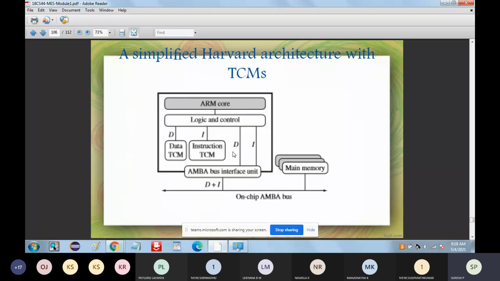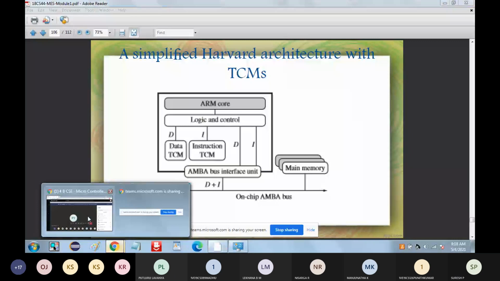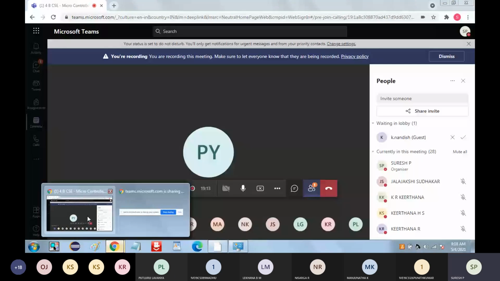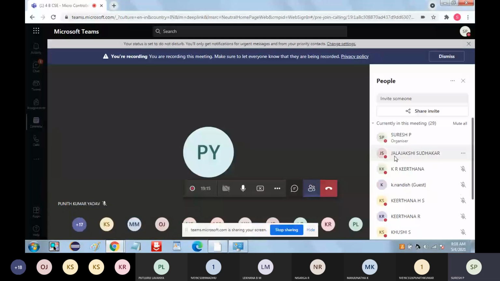Now when the ARM core starts executing, first it will check with the data tightly coupled memory and instruction tightly coupled memory with respect to the instruction or data. If the ARM core is executing an instruction, it will check whether that particular instruction is there or not.